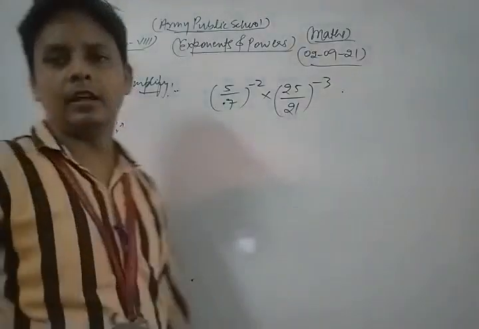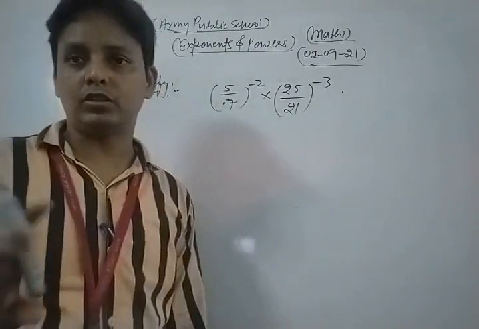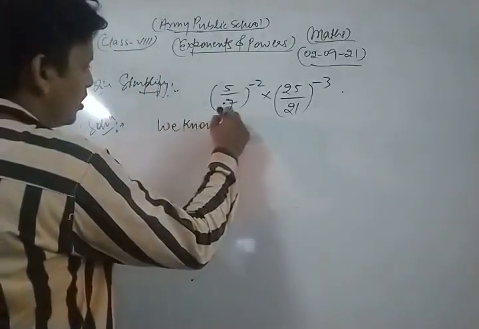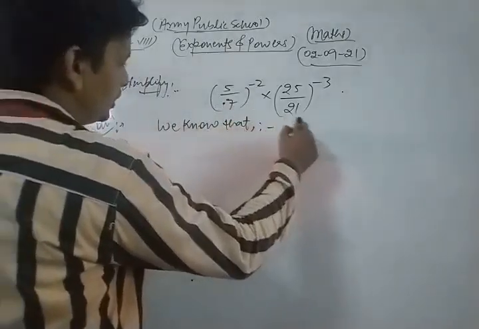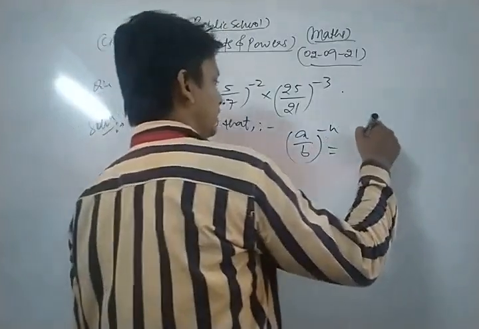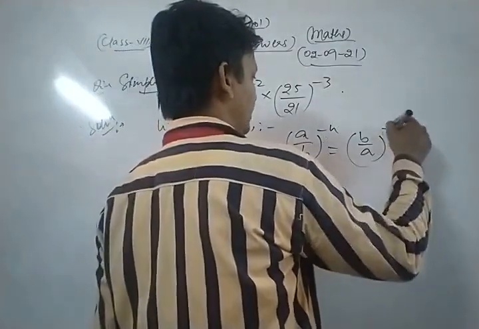First of all, you know the very important law of exponents. We know that (a upon b) to the whole power minus n can be written as (b upon a) to the whole power plus n.